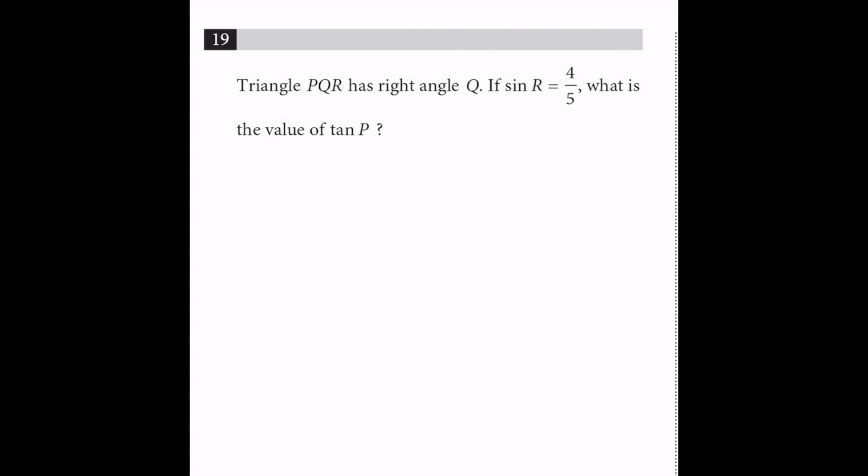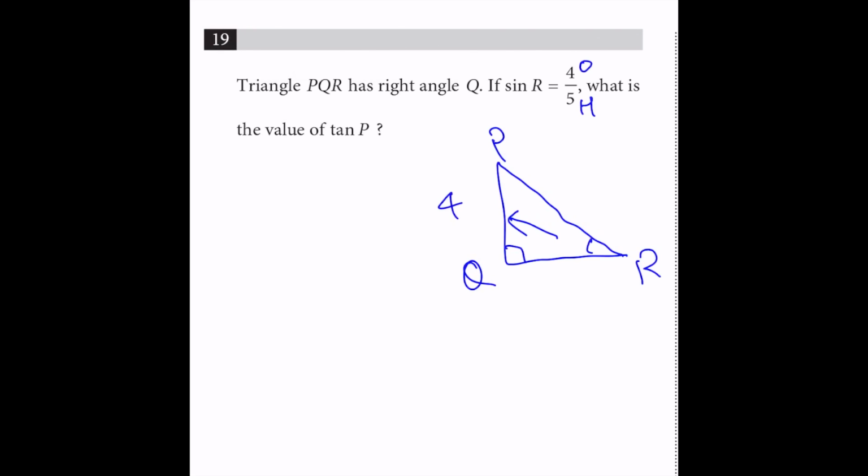In question 19, you have a right angled triangle PQR, and Q is at 90 degrees, and it's also given that sine R is 4 over 5. So for sine, you have opposite over hypotenuse. So for sine R, opposite is over here and hypotenuse is PR.